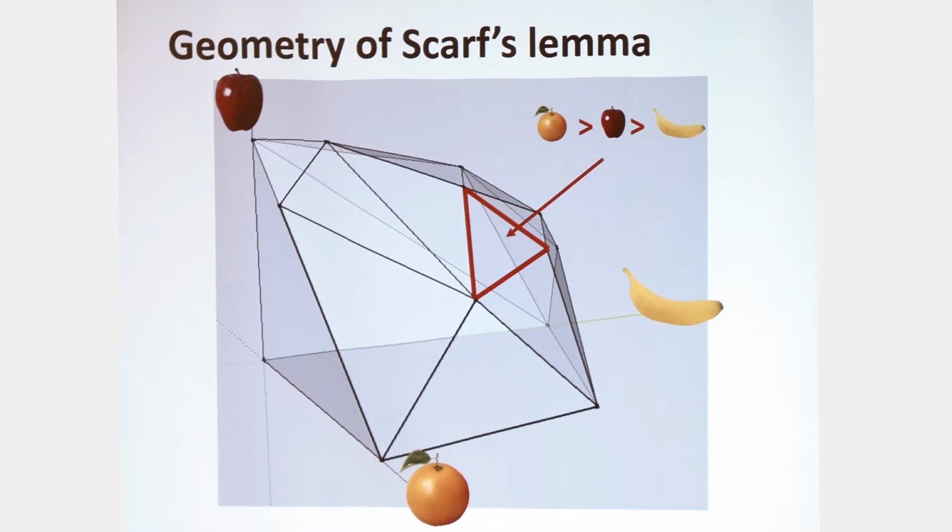And we can move from one vertex, let's say this one, to another vertex along the edge here, if the direction we are moving is aligned with the order of the 2 faces neighboring the edge. So a stable solution is a vertex that you cannot move from in any direction. I hope that makes more sense to you.